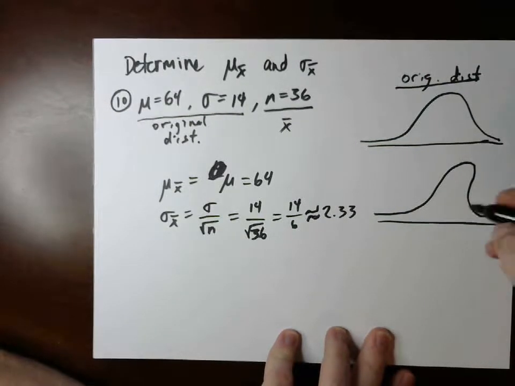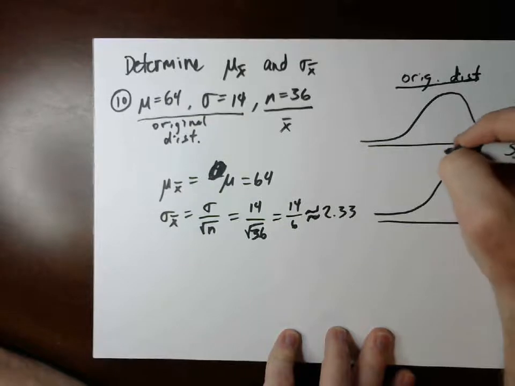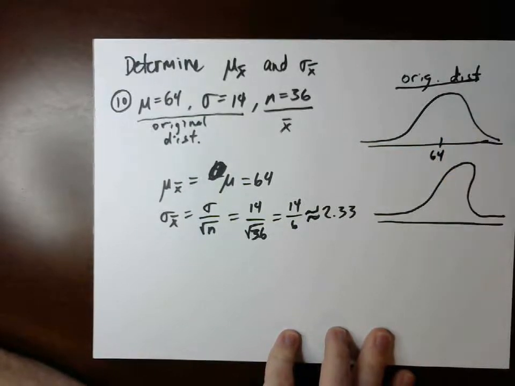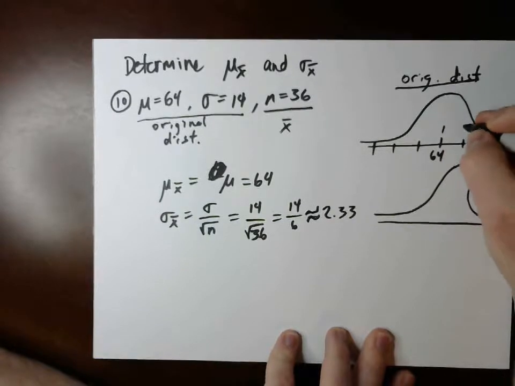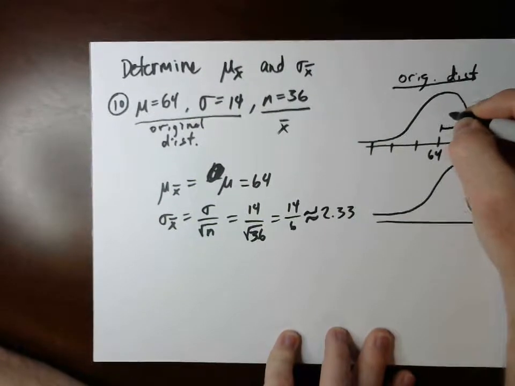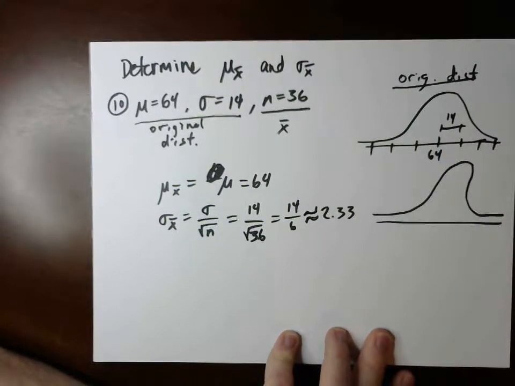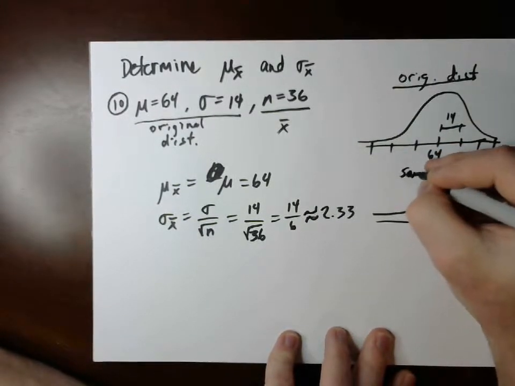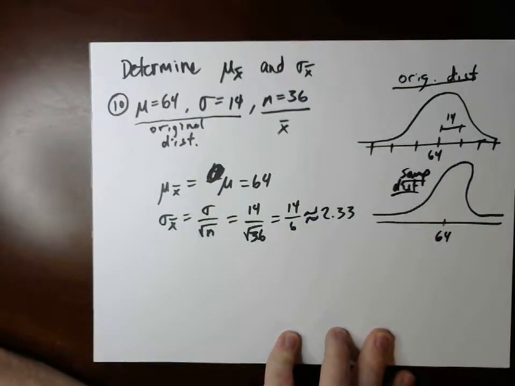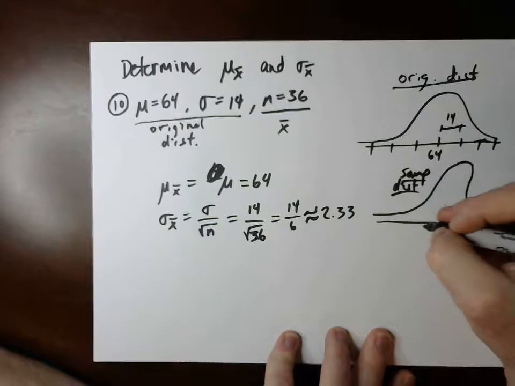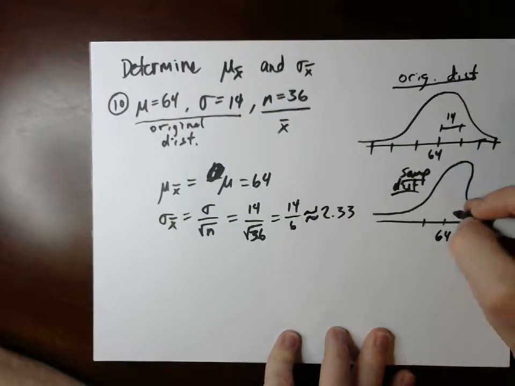But anyways, what you'll see here is we have mu equals 64, and a standard deviation away from the mean is 14 in the original distribution. We're still centered at 64 in the sampling distribution, so this is the sampling distribution. We will notice that one tick mark now is only 2.33.